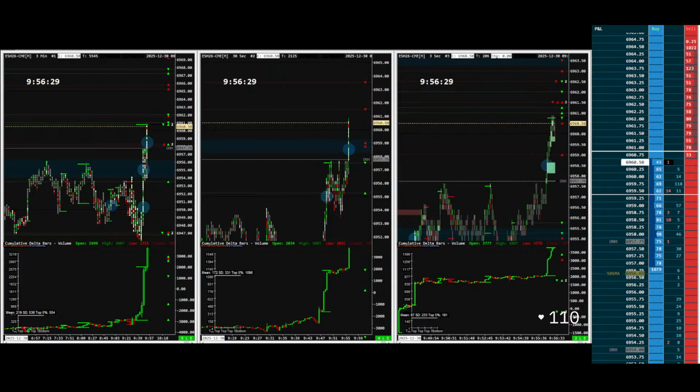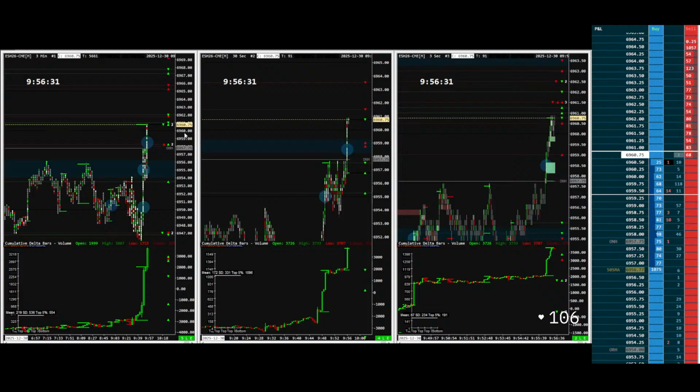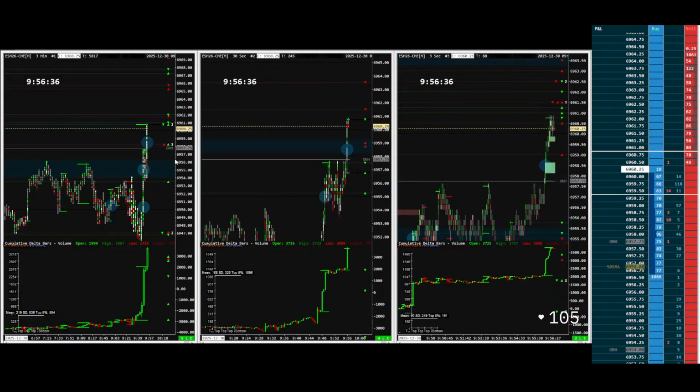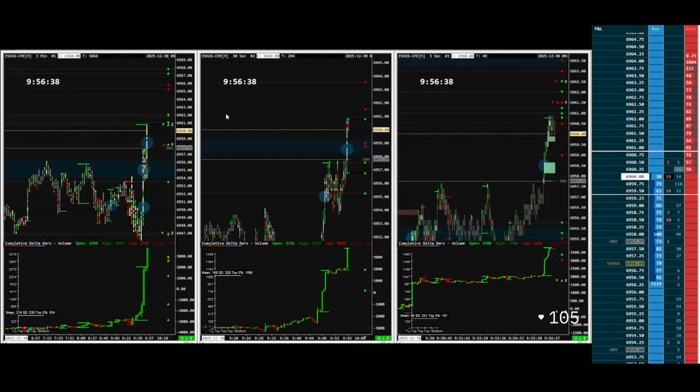Interesting. The question is, is it going to overshoot and fade back in?